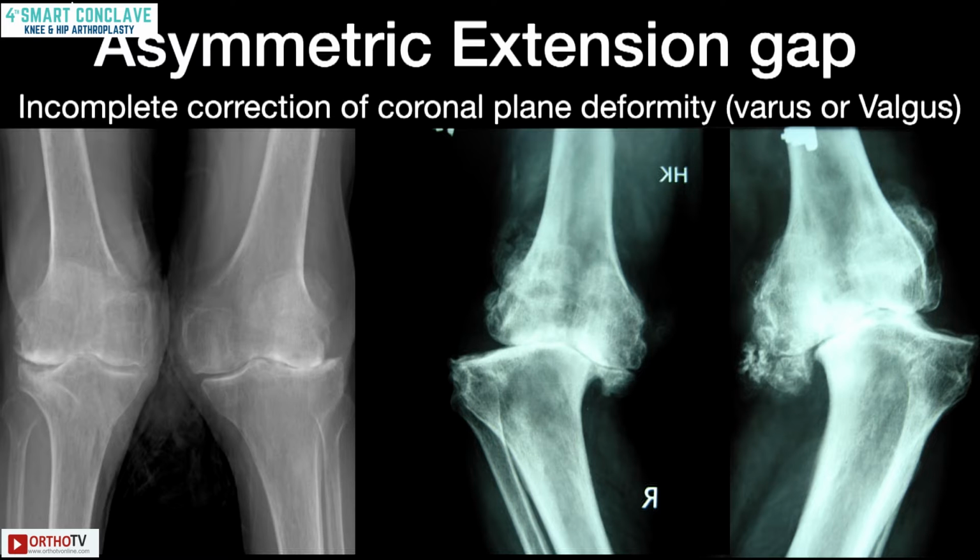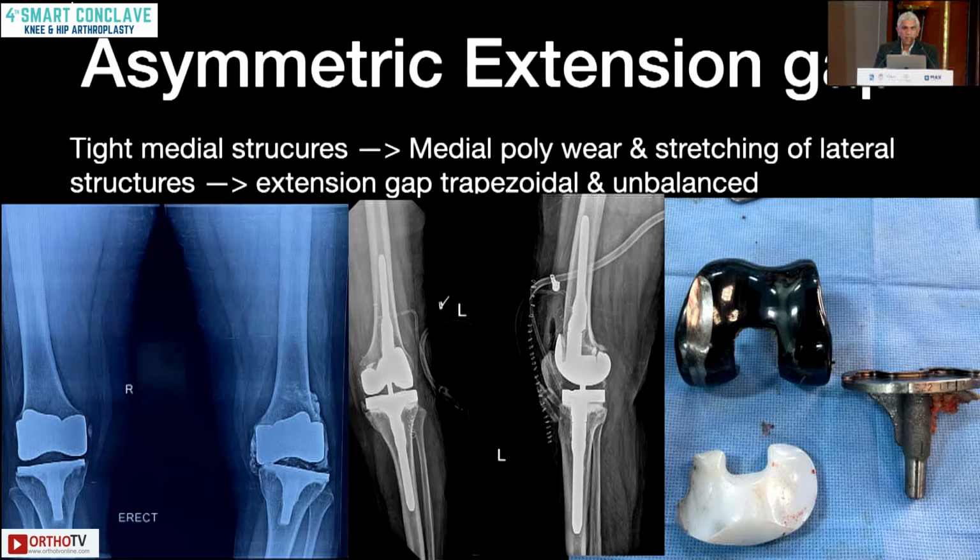Now, asymmetric extension gap happens when you have bad deformities and one has not corrected the deformity in the coronal plane, whether it's varus or valgus. This is one example here where on the left you can see that the left knee was not well corrected, and that led to medial tightness of the structures that gave rise to medial polywear and stretching of the lateral structures.